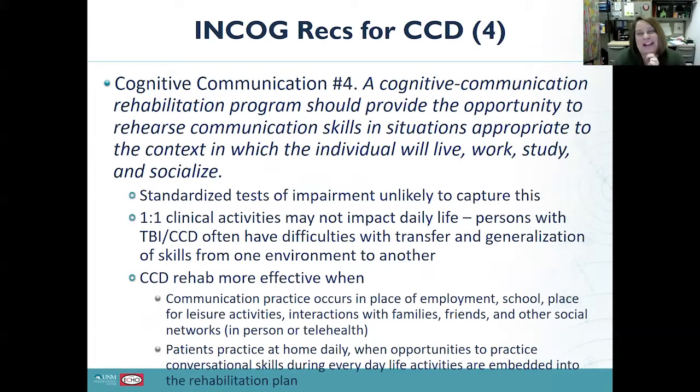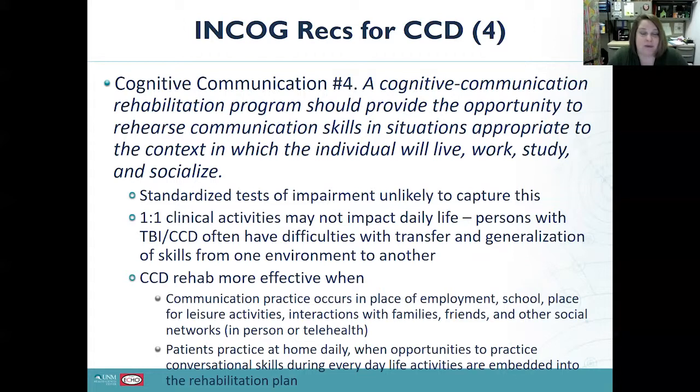So if you go to the next one, this is recommendation 4. A program should provide the opportunity to rehearse communication skills in situations appropriate to the context in which the individual will live, work, study, and socialize. Again, our standardized measures are not going to capture this, and they're not going to predict it.